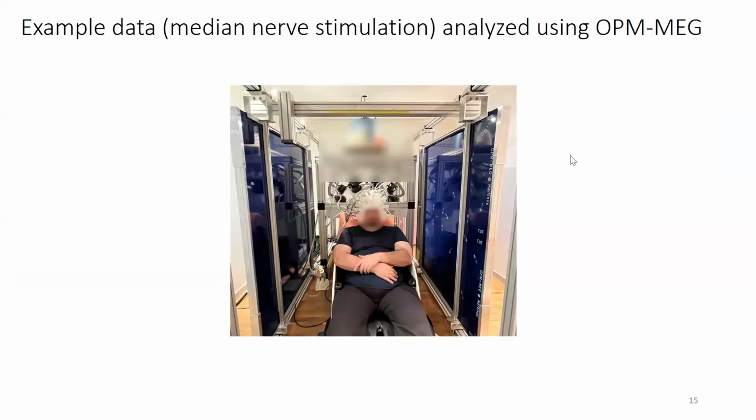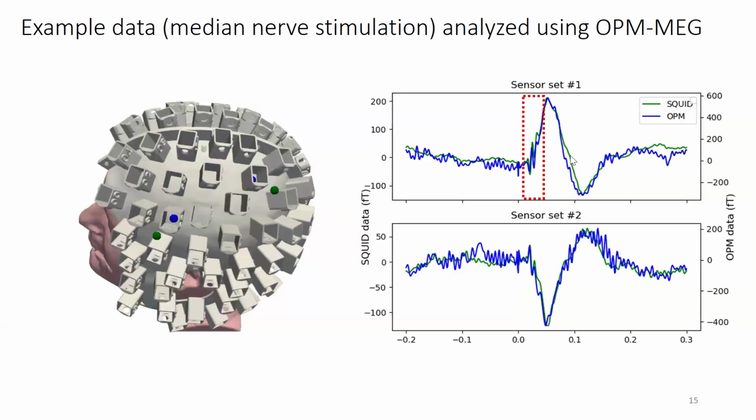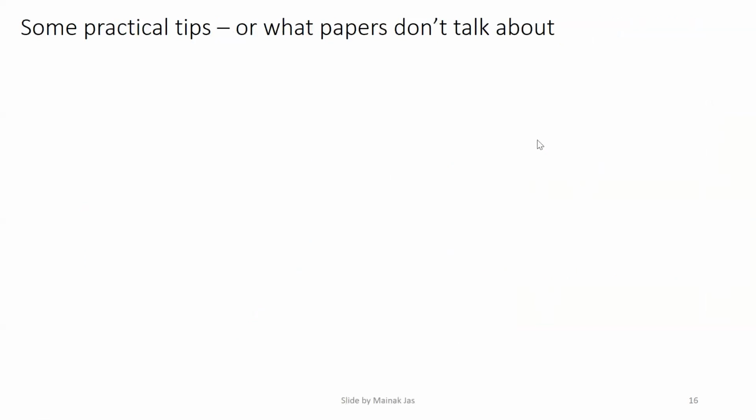And then we did some median nerve experiment, which I just presented this morning, so I'll just quickly go over it. We were able to co-register everything to the same space, and you can see that the data looks quite similar once you understand the coordinate system and pick sensors which are close to each other.